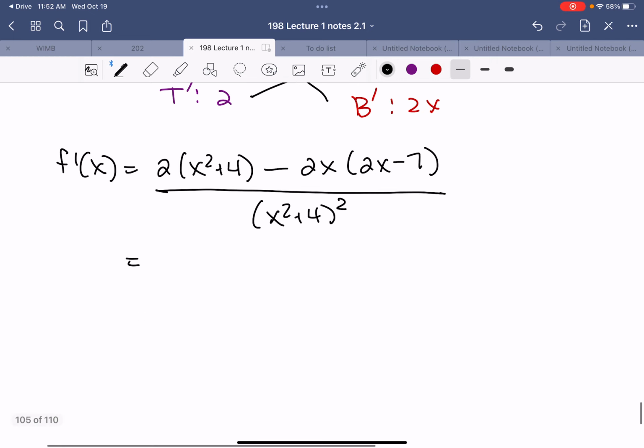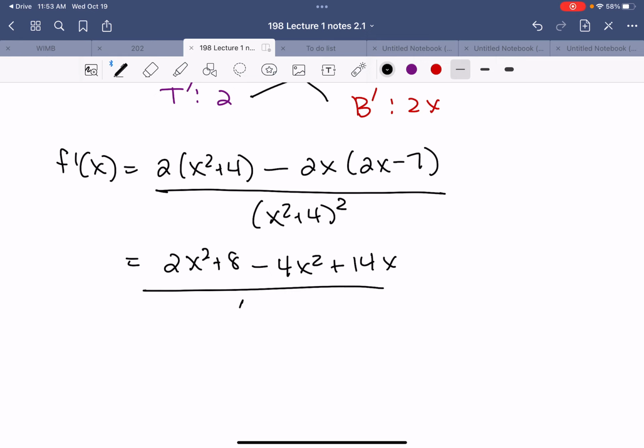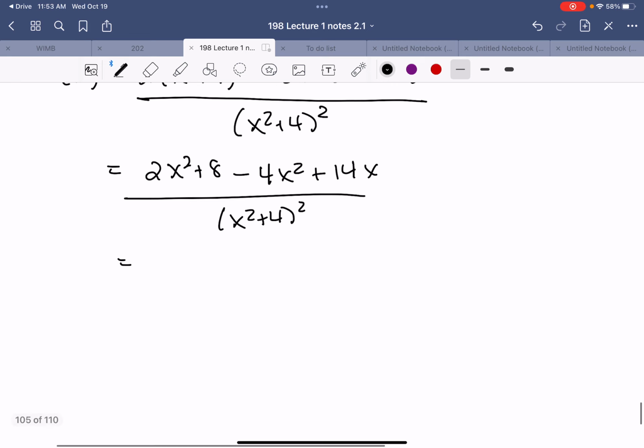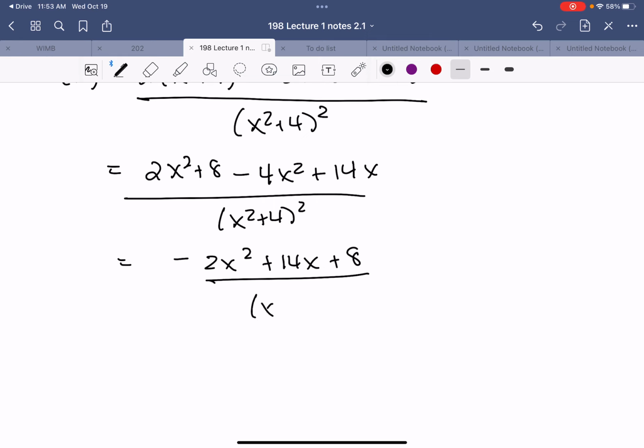I would never multiply out your denominator. It just doesn't help you. But I do multiply out the numerators so that I can combine like terms if I can. If I combine like terms here, this gives me negative 2x squared plus 14x plus 8 all over x squared plus 4 squared.